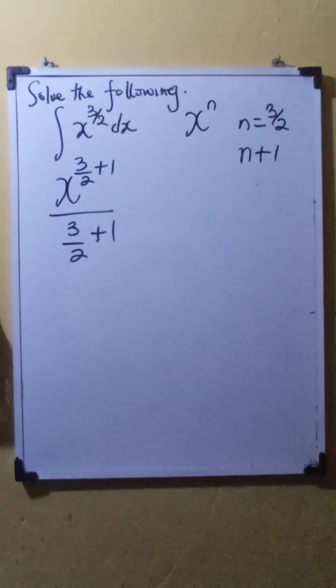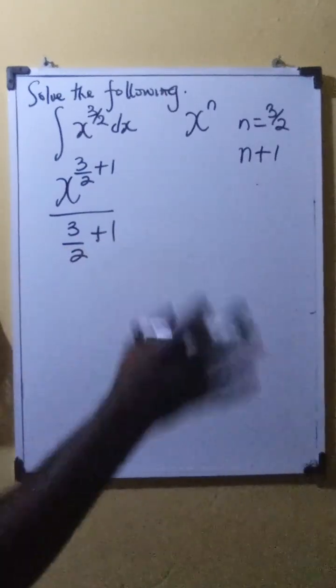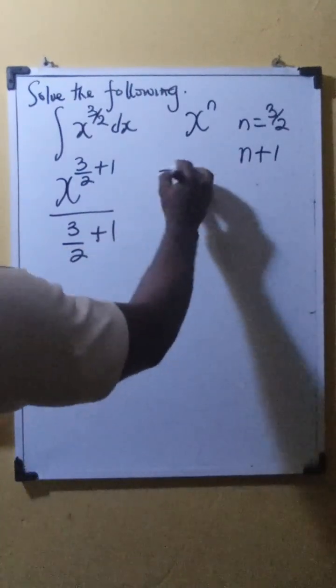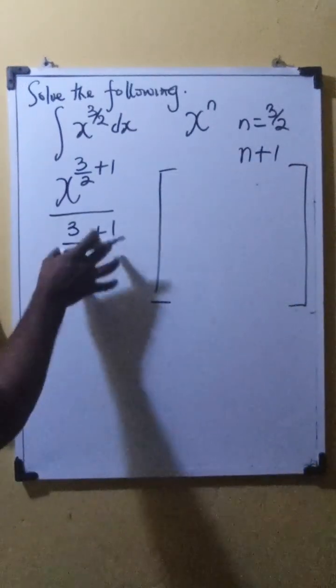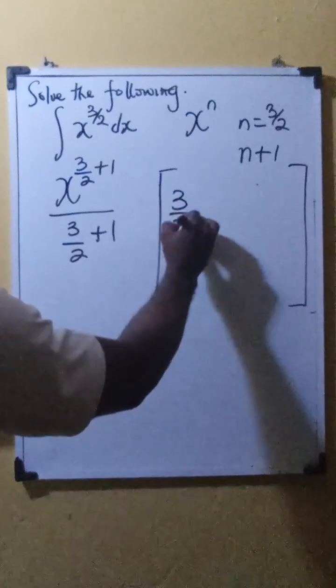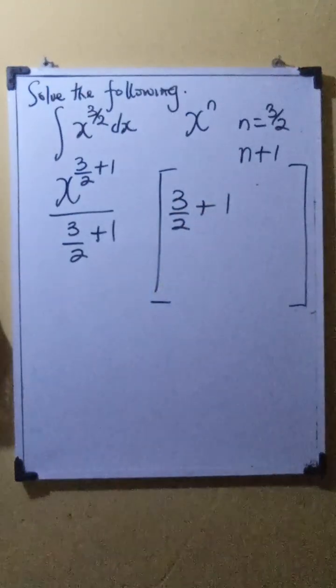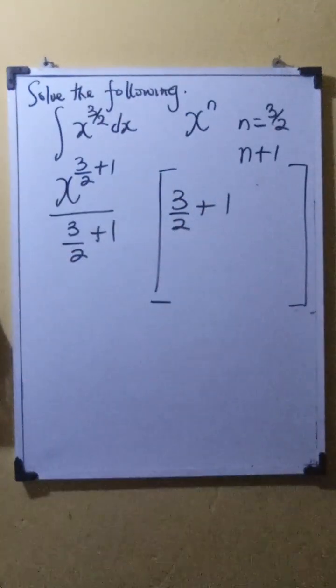We work it out this way. So this is 3 over 2 plus 1. Now, the left-hand part is a fraction.